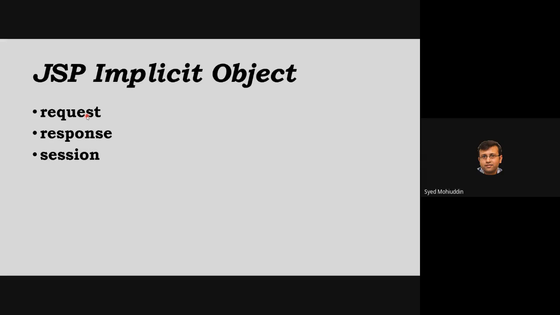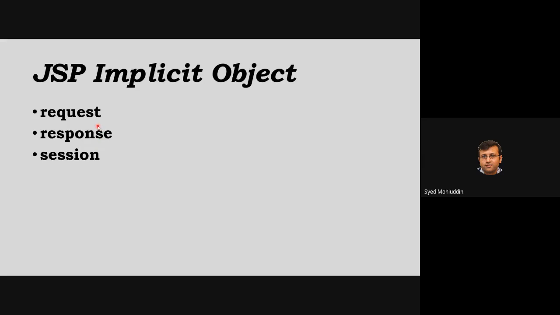When we define a servlet, we give a public class, MyServlet or whatever name, and then we say that it extends HttpServlet, and then we define a doGet method. In the doGet method, we will be having two parameters, or arguments, that are implicitly passed. One is the request, the other one is the response. The request is coming from HttpServletRequest, if you remember, and the next one is HttpServletResponse. And we also have seen HttpSession.